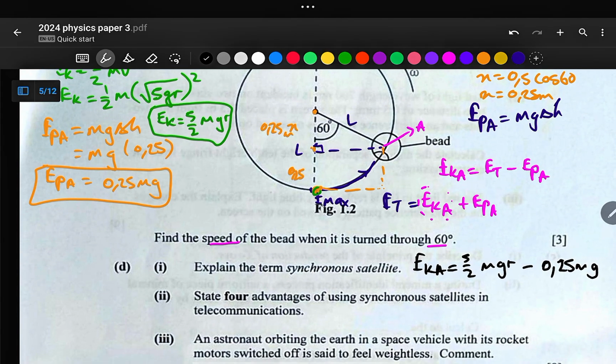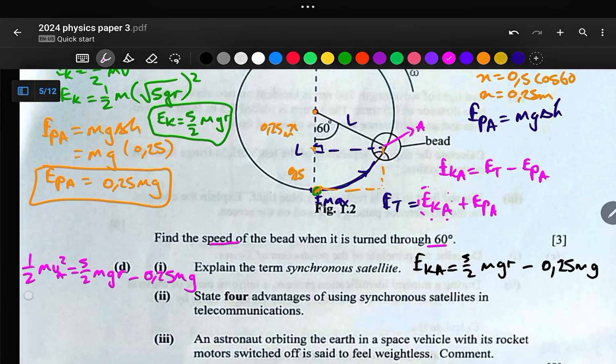For the kinetic energy at point A, we can now substitute with the formula of kinetic energy, because we want the speed at this point. So it is half mv squared, where v is the speed at A, being equal to 5/2 mgr minus 0.25 mg.